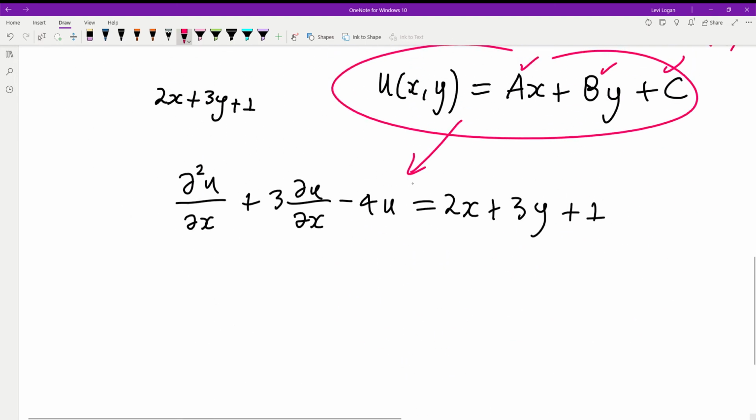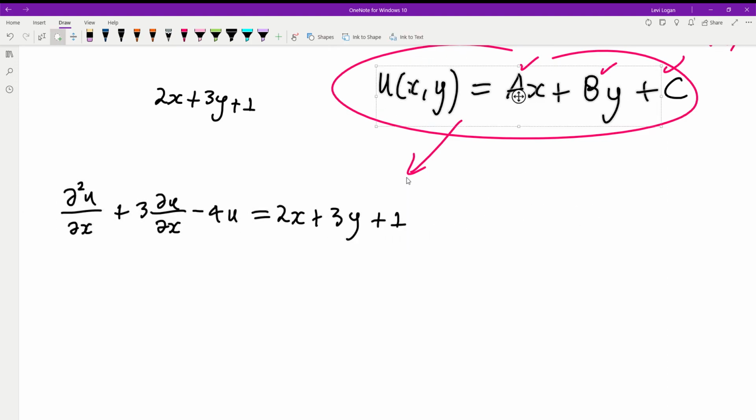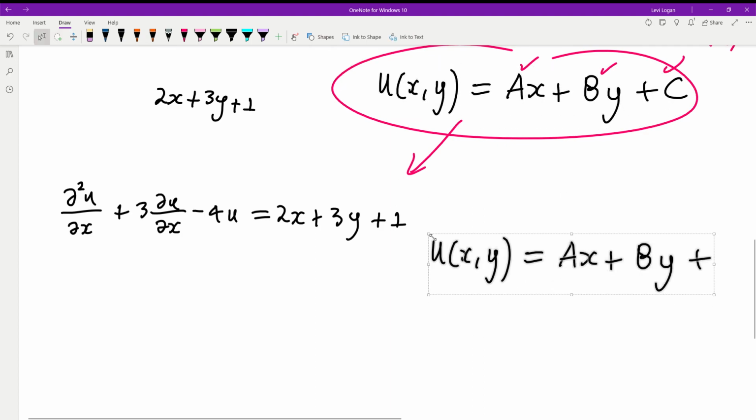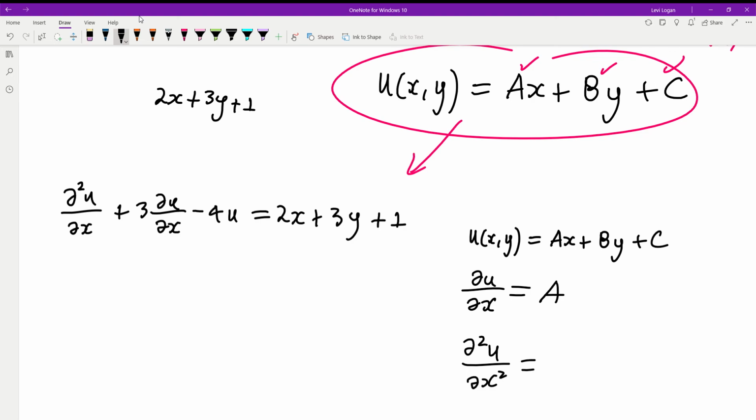Okay, so here let's find these derivatives. If I were to condense the PDE, copy this guy here, plus c. So the first derivative, differentiate with respect to x: this whole term turns to 0, so all we're left with is just a. And then the second derivative with respect to x will just be 0.